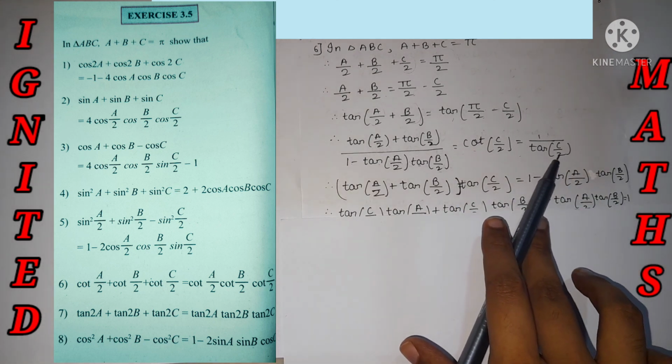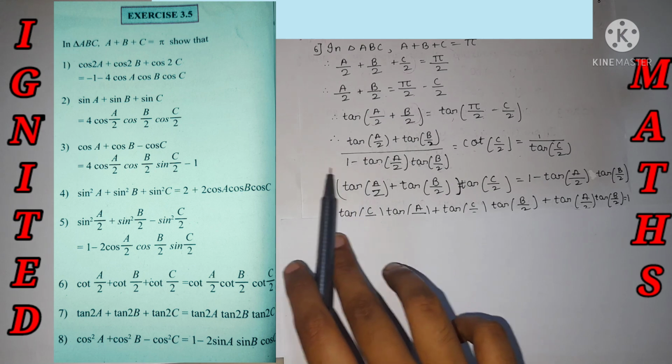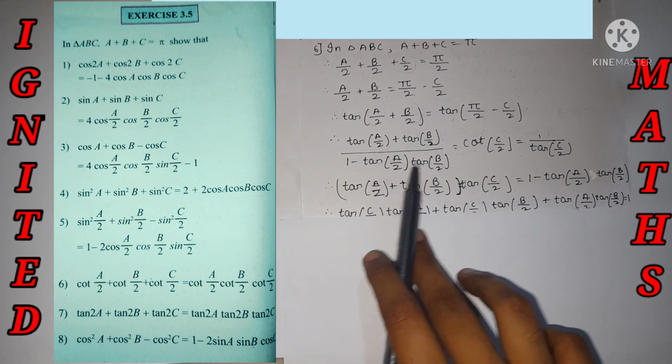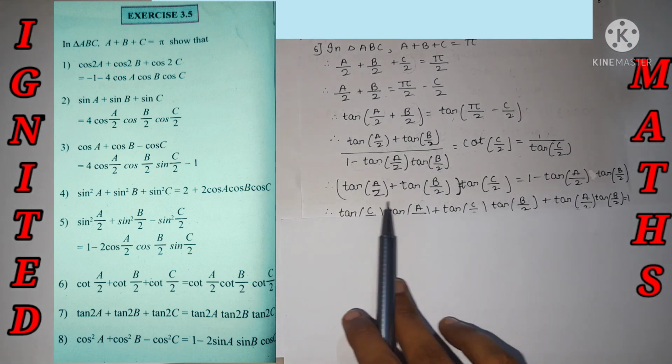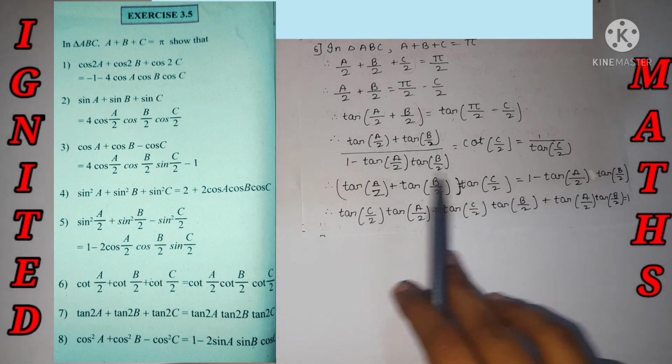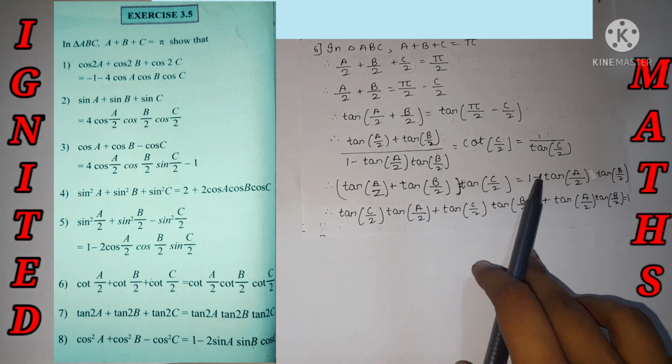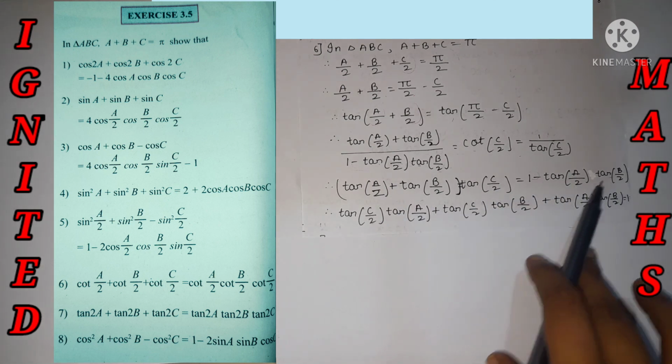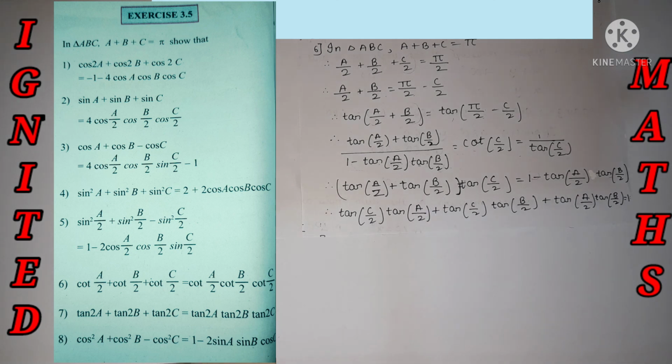Take tan C by 2 over here, and 1 minus tan A by 2 tan B by 2 to the RHS. Cross multiply each and every term, take this 1 to the RHS and the rest of the terms to the LHS, and that is nothing but the RHS and LHS value. We have proved it. Without taking either the LHS or the RHS, we have proved the relation.